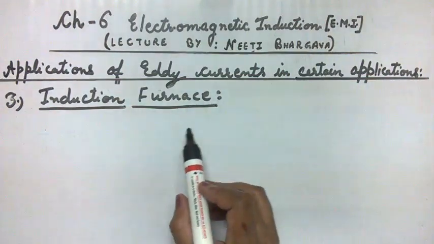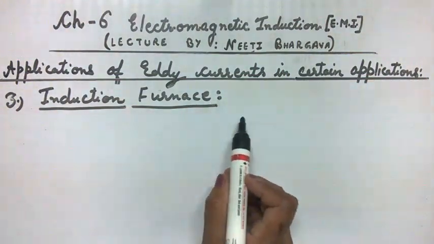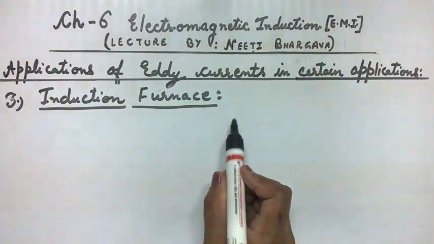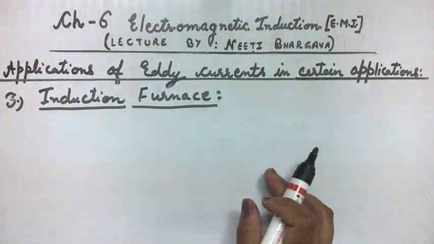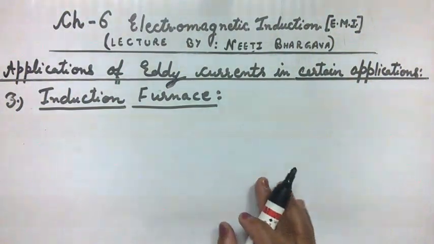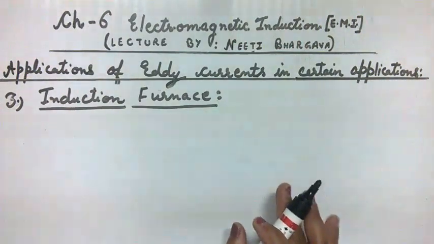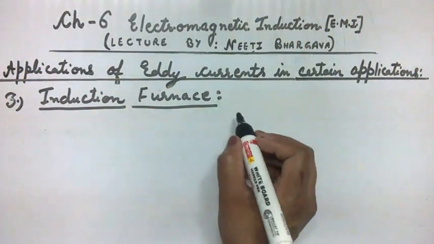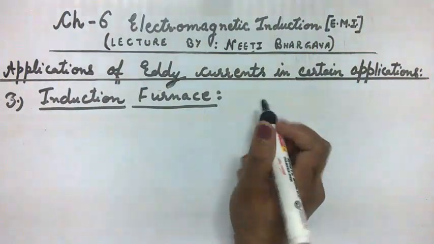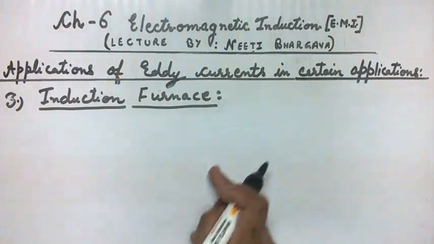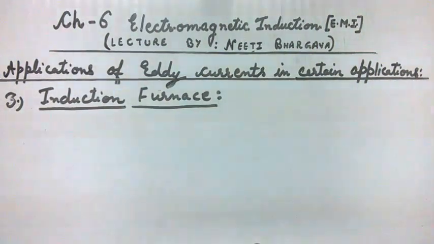For this, high frequency AC is provided to a coil, and surrounding the coil a metal is placed which is to be melted. Because of the high frequency AC, there is a change in magnetic field, thus the magnetic flux changes, and because of the change in magnetic flux, a large amount of eddy currents is produced in it.